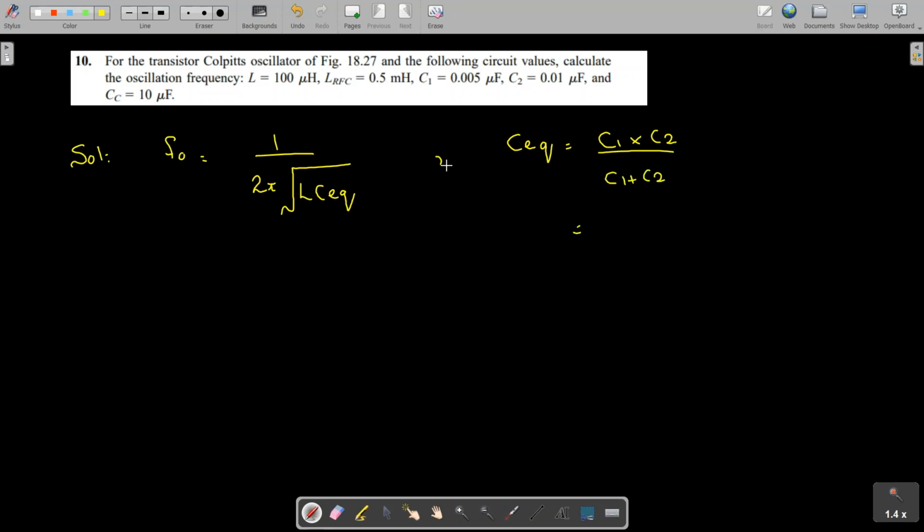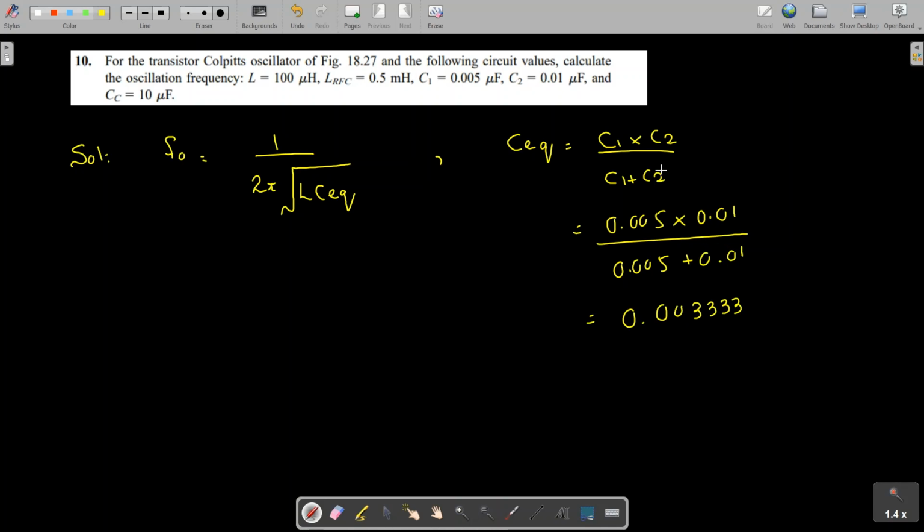So we are going to have C1 as 0.005 multiplied by C2 as 0.01, divided by the addition of both two, that is 0.005 plus 0.01. And when we solve this, we are going to get 0.00333.